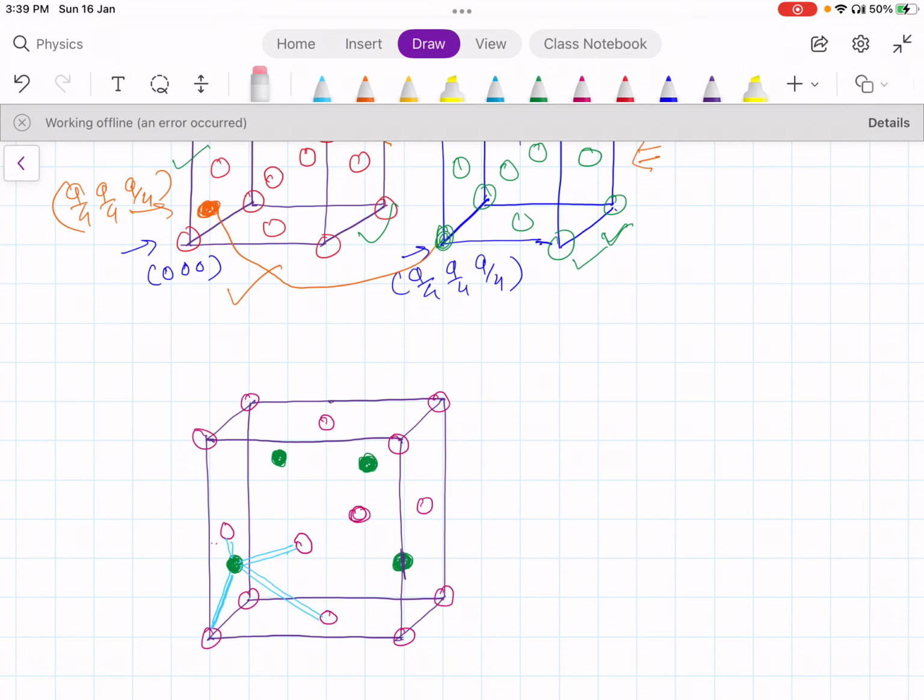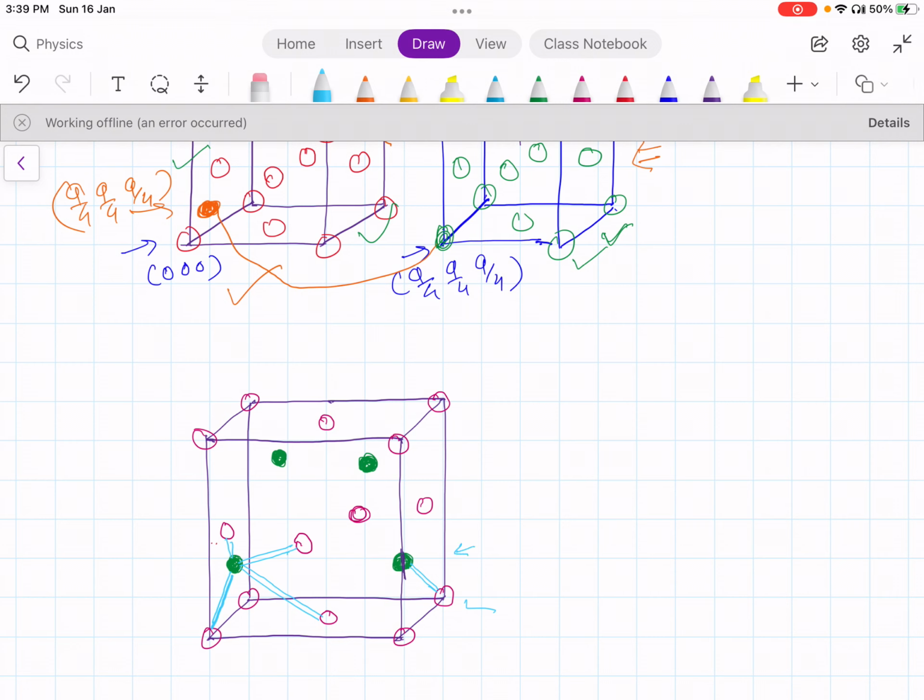Then let's consider another one. This one is close to the backside surface. So it forms one covalent bond with the corner. Always remember that these inside atoms in the unit cell form one covalent bond with the nearest corner atom and 3 covalent bonds with nearest face center atoms.